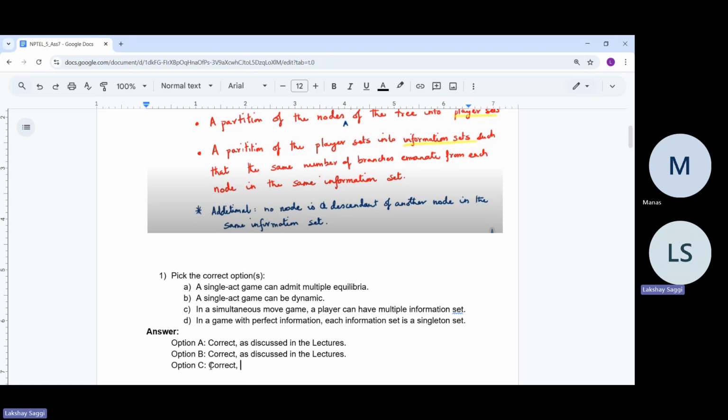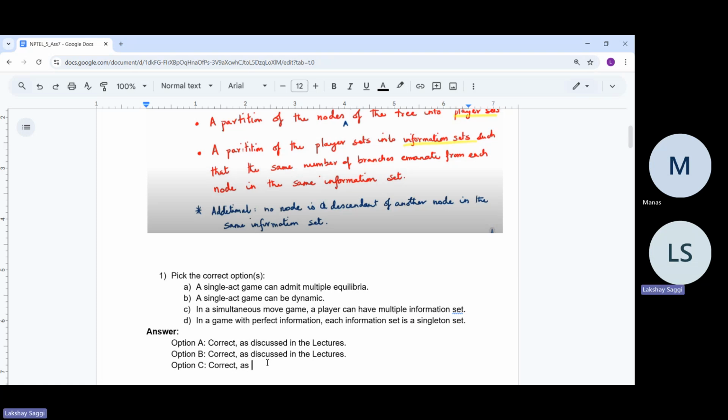Since they are playing simultaneously, players don't have any information of what has occurred already, because the game is not dynamic in nature. Players don't know what actually has happened first or second. Everything happens at the same time, and that's why there cannot be multiple information sets.